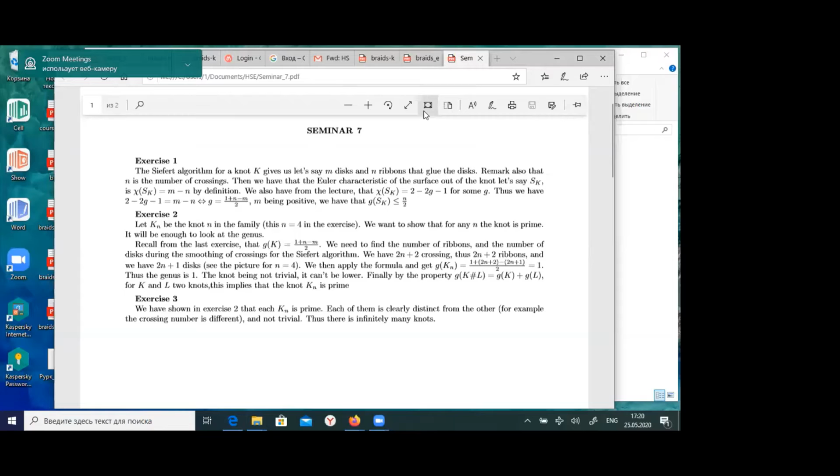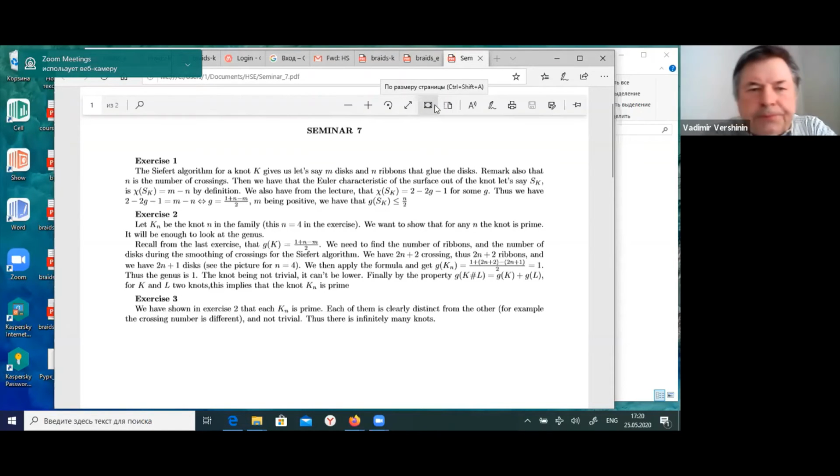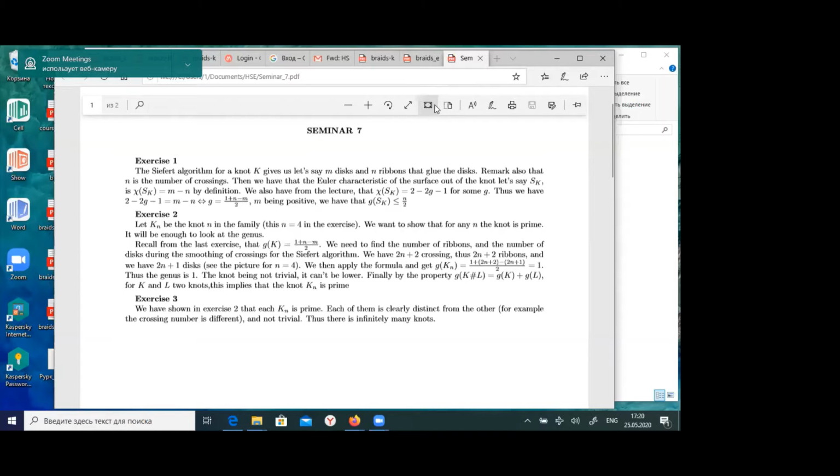We just use the definition actually. Yes, and nothing more. So we recall, what is the other characteristic from the point of view of cells, for example? In the Seifert algorithm, each crossing gives a ribbon.